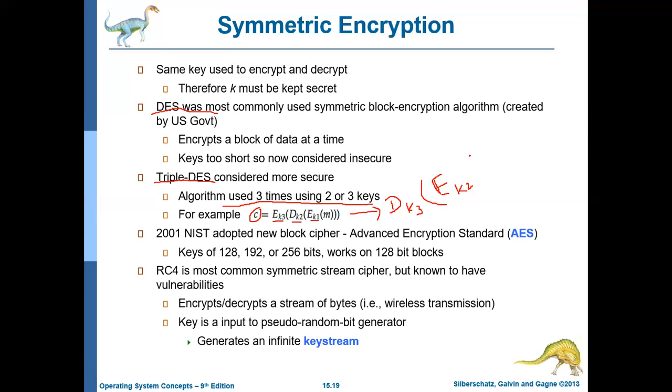This is the second level. And in the third level, it was encrypted with K1, so the receiver should decrypt with K1. So all these things should be done.